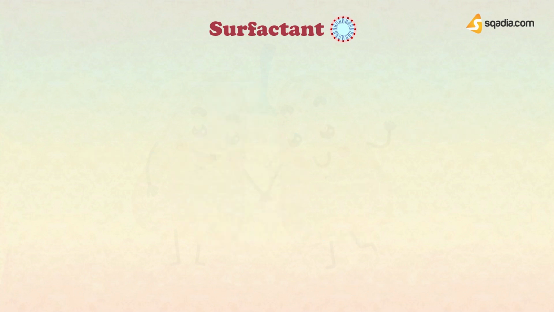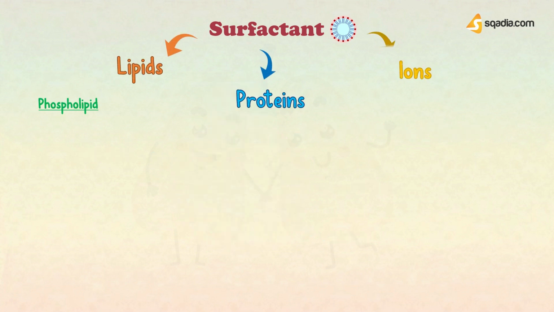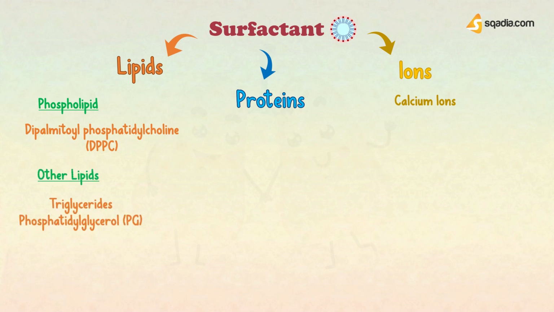Surfactant is a lipoprotein complex formed by lipids, especially phospholipids, proteins, and ions, that are mostly calcium ions. The major phospholipid present in the surfactant is dipalmitoyl phosphatidylcholine, or DPPC. Other lipid substances of surfactant are triglycerides and phosphatidylglycerol, PG.